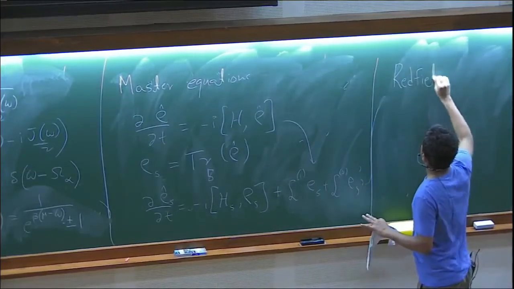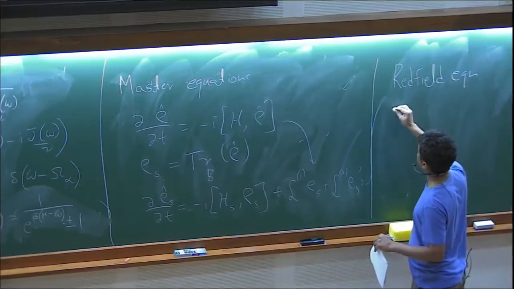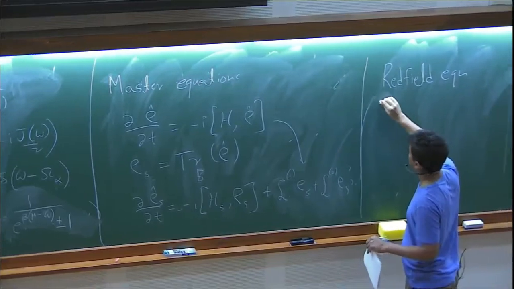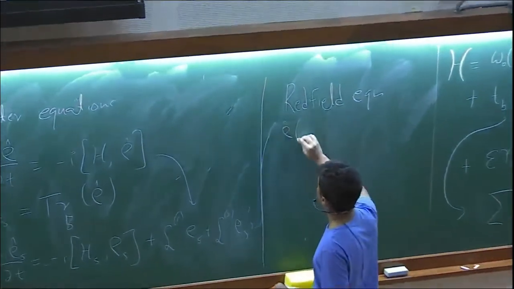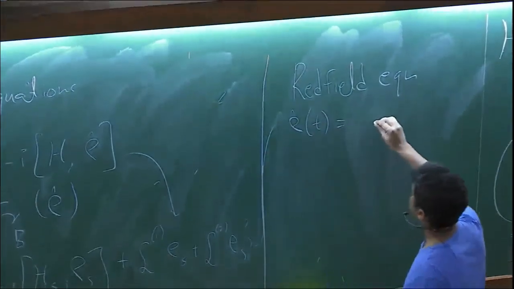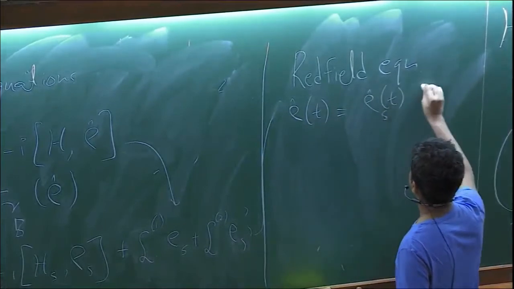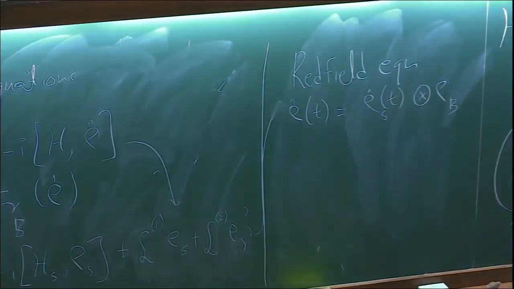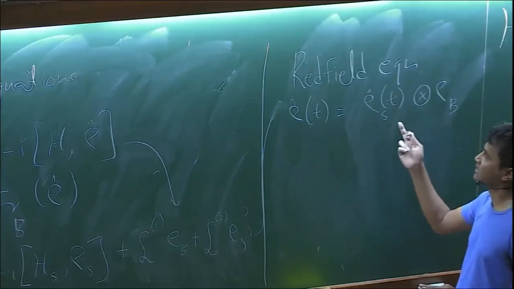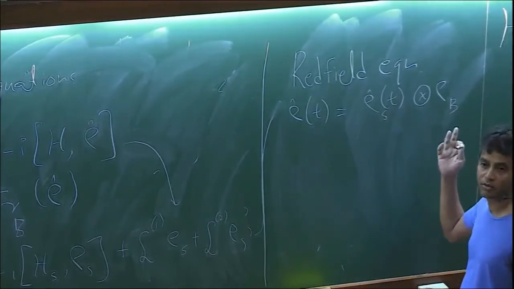This involves 2 approximations. One is that at all times rho of t is rho of S of t product rho of R. So you assume that somehow you still have this product structure where the bath is still in equilibrium.